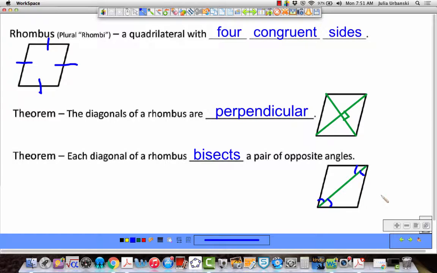It happens both ways. That's only in a rhombus. It's not in every single parallelogram. It's only in a rhombus and anything that's in the rhombus family. It's not even true for rectangles. It's only true for the rhombus and anything that comes out of a rhombus. Any questions on those?